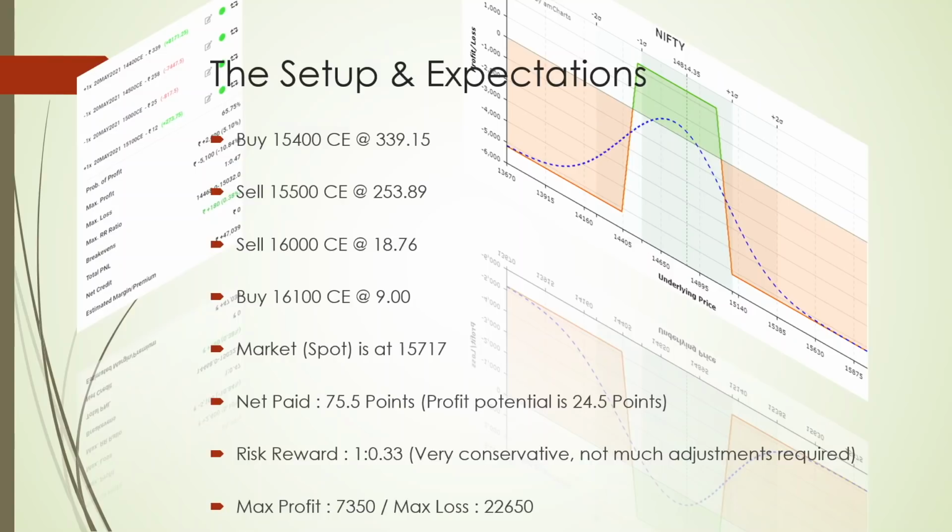Okay. So the max profit in this strategy is 7,350 rupees. This has already been updated in the Call Condor Excel file, which is posted in our group also.